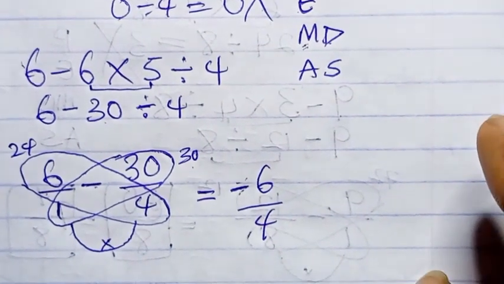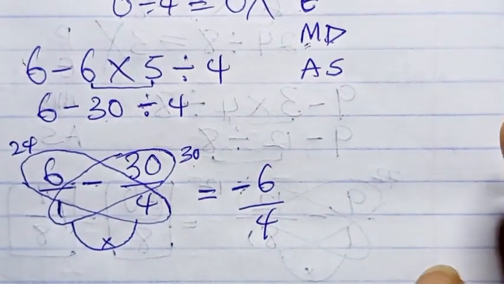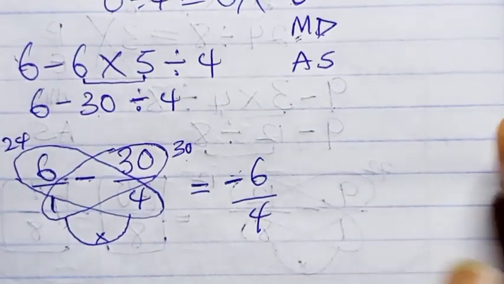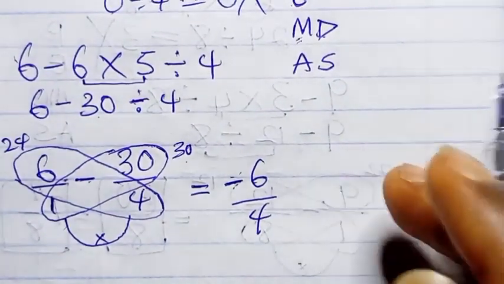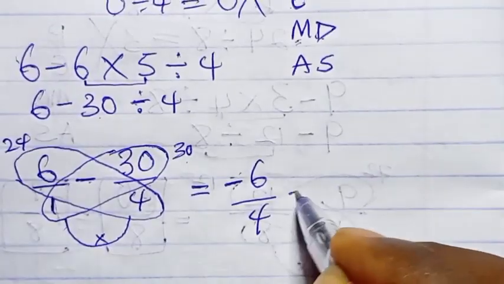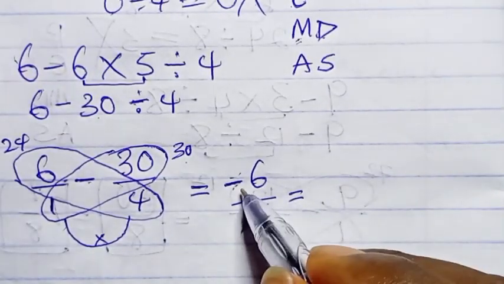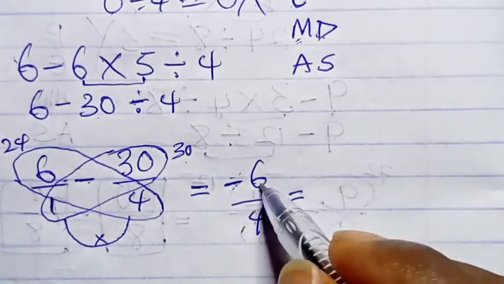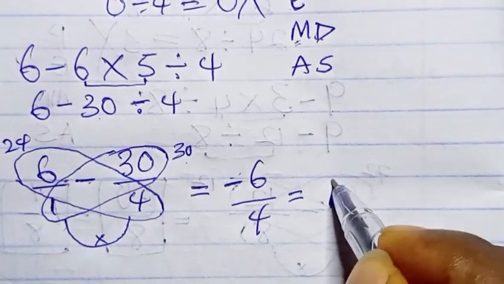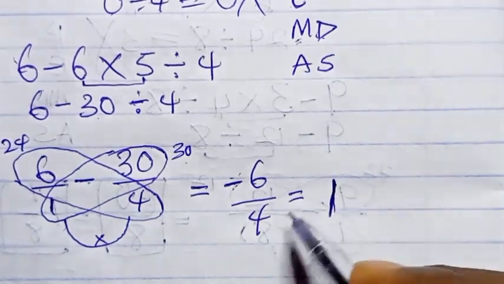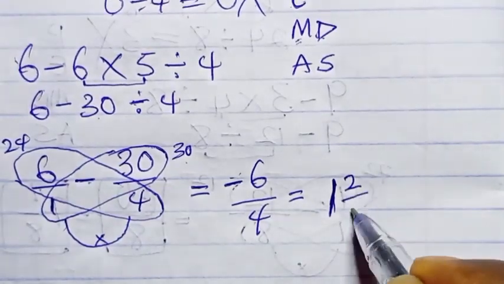Minus 6 over 4. Now this is an improper fraction, so we can change it to a mixed fraction. Ignore the negative sign first. 4 will go into 6 how many times? 1 time. 1 times 4 is 4, remainder 2.